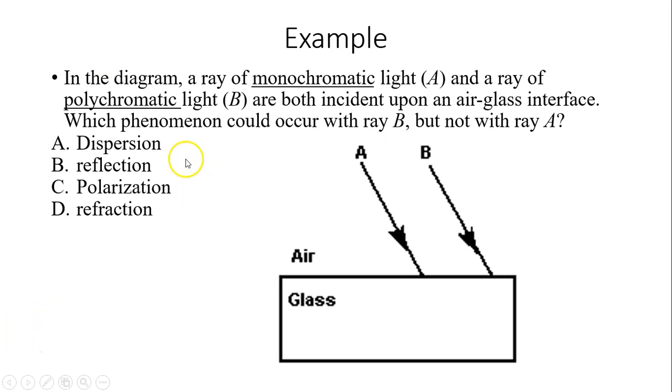Well, the answer here is dispersion, because dispersion is the separation of colors. They both reflect because they are light waves, they can both be polarized, and they both can refract. The only difference is B can be dispersed because it has different colors. A cannot be dispersed because A has only one color.